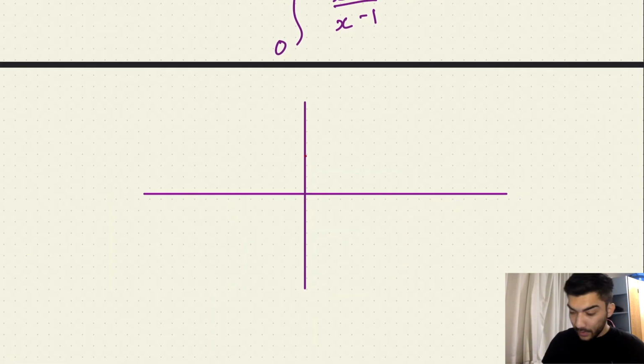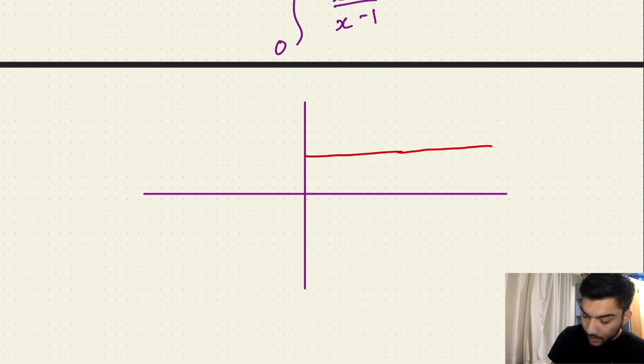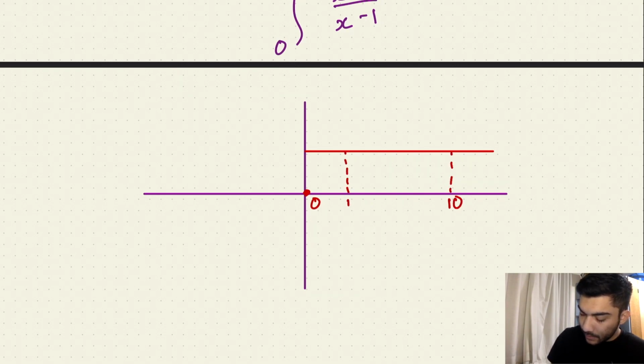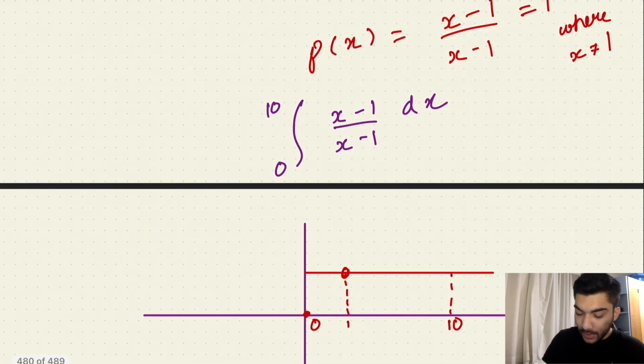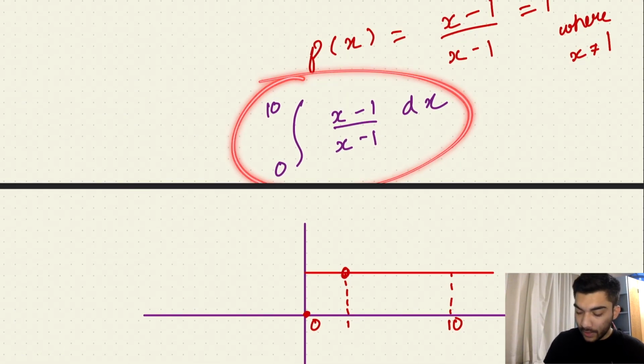If you sketch this function from x equals 0 to x equals 10, you'll get a straight line, and at x equals 1 you'll have an open point, right? It will be an open circle, because at x equals 1 our function is not defined.